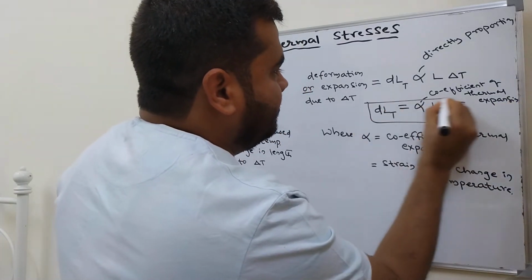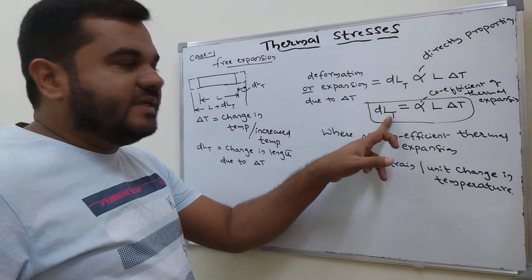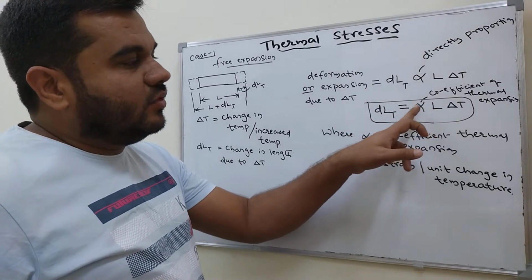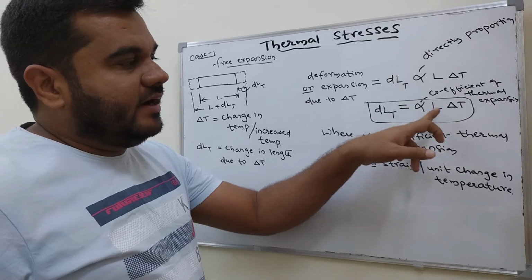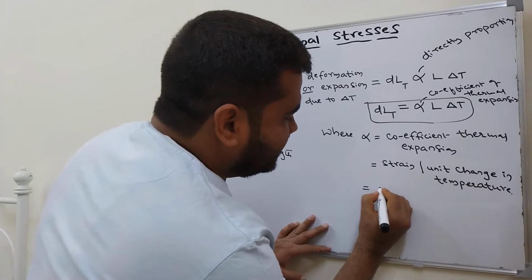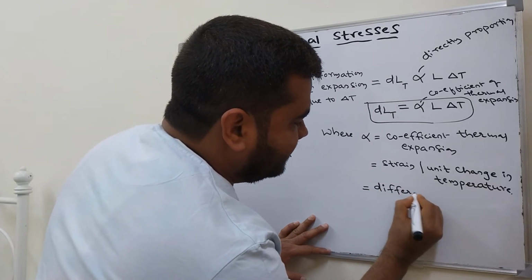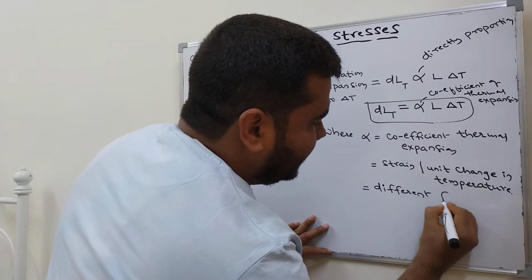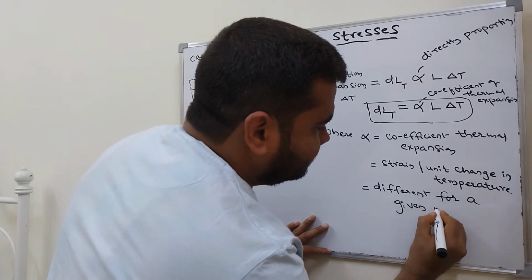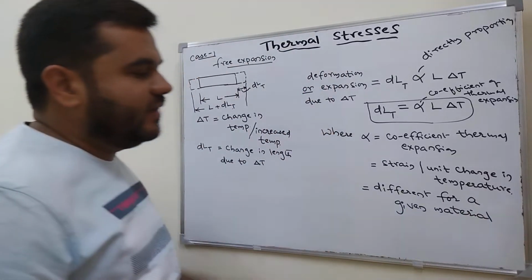So this is the main formula. The deformation due to change in temperature is equal to the coefficient of thermal expansion, length and delta T. And this coefficient of thermal expansion differs from material to material; for different materials, its value is different.